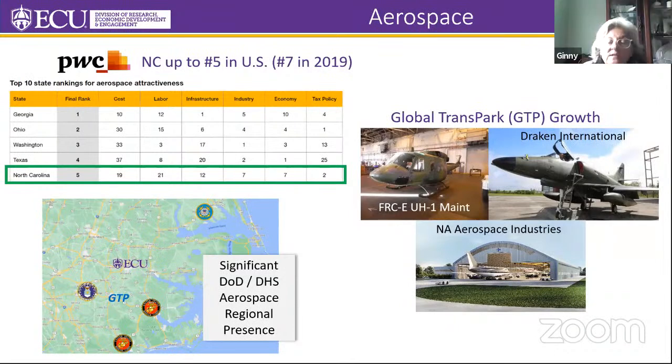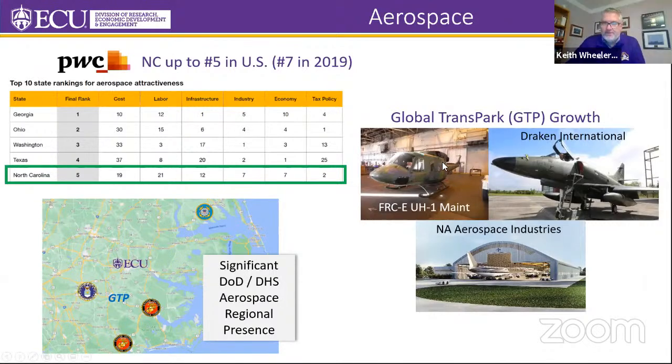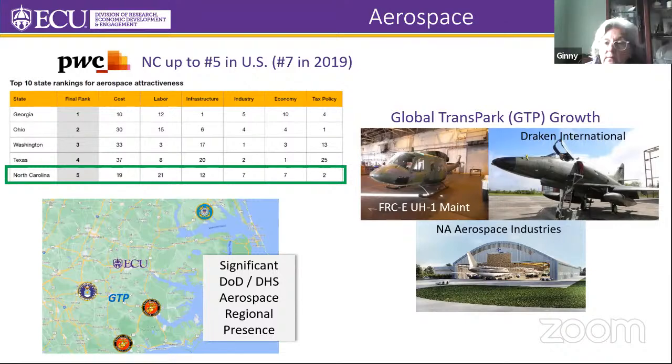Are most of the employees there that work on these aircraft retired military veterans? Well, there's a mixture. Of the 90 or so FRC East folks who are now working on the Huey MRO, some are veterans and some are just Navy civilians.